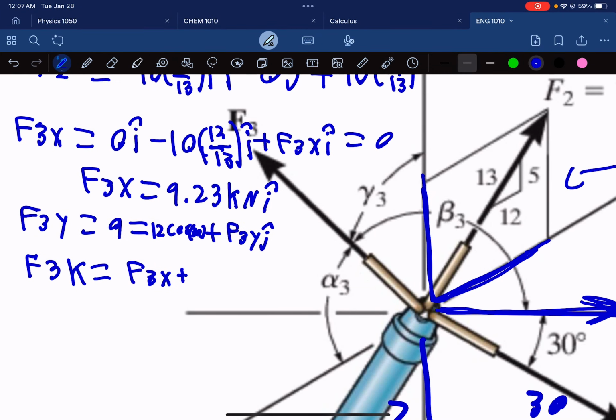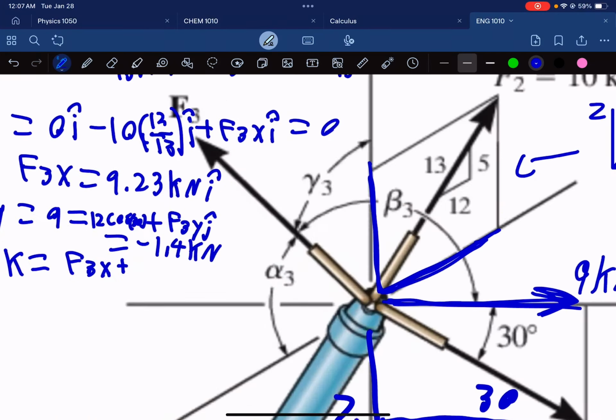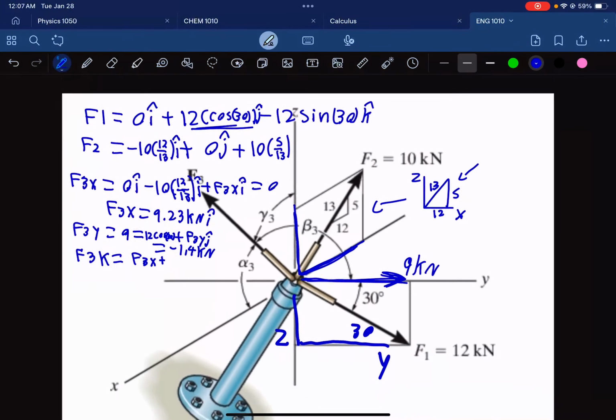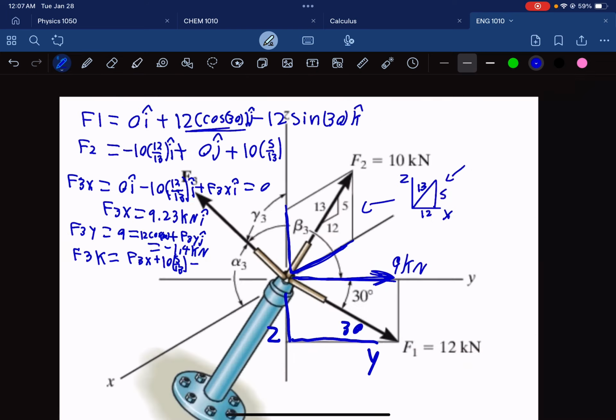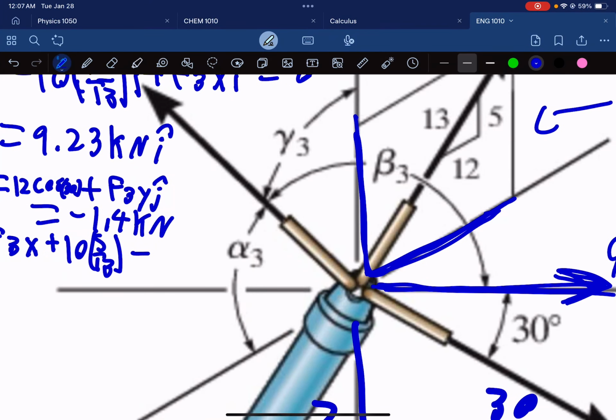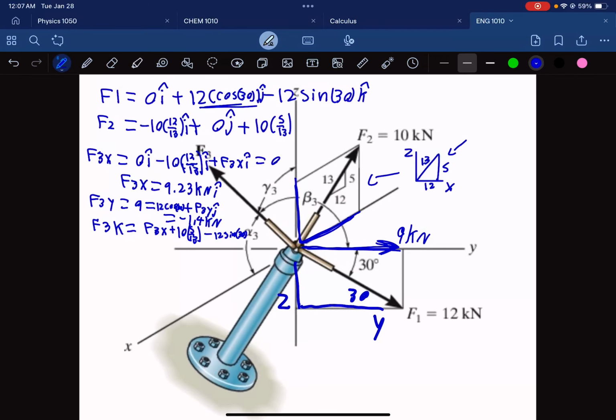That's why we used it here. And sorry, this will equal negative 1.4 kilonewtons. And then we add 10 and 5 over 13. And then we subtract 12 sine 30. 12 sine 30, just like that.